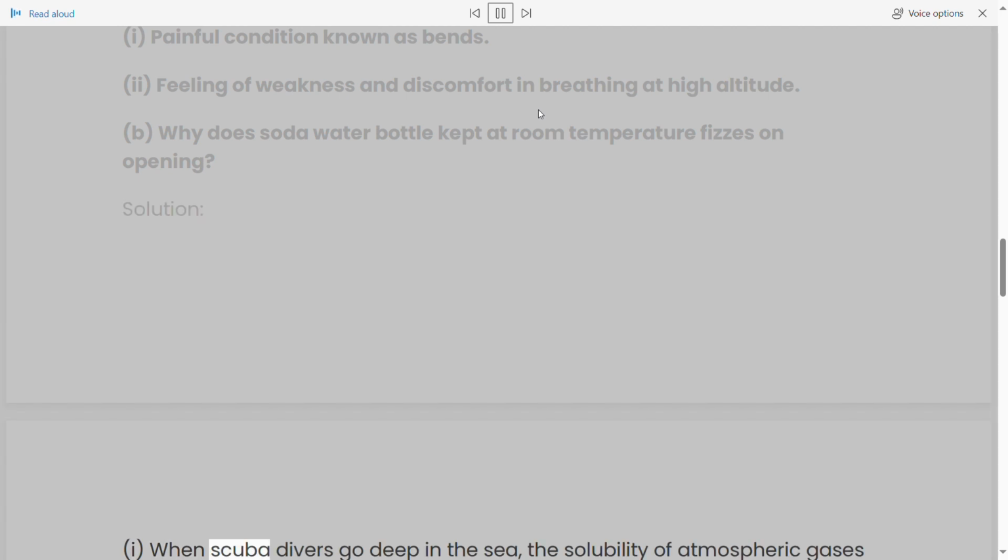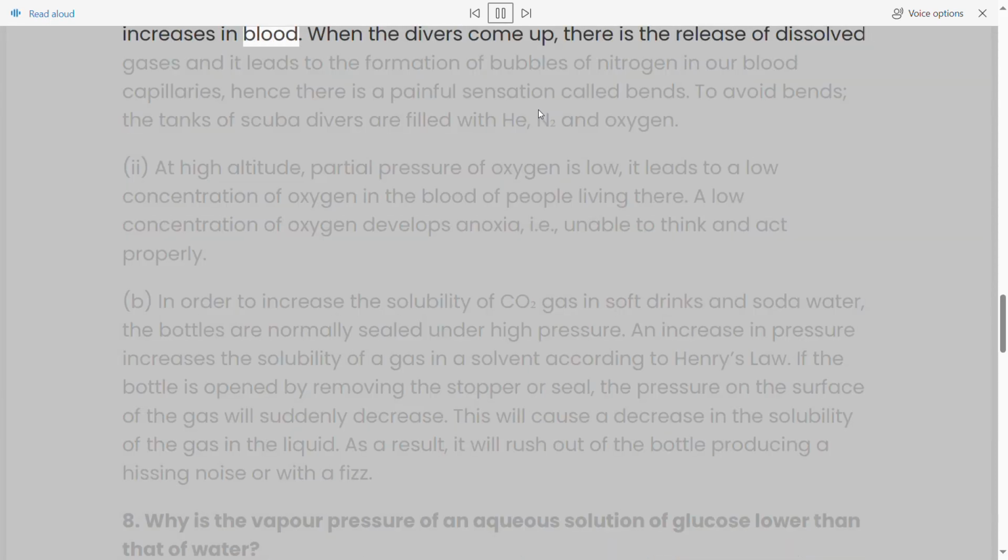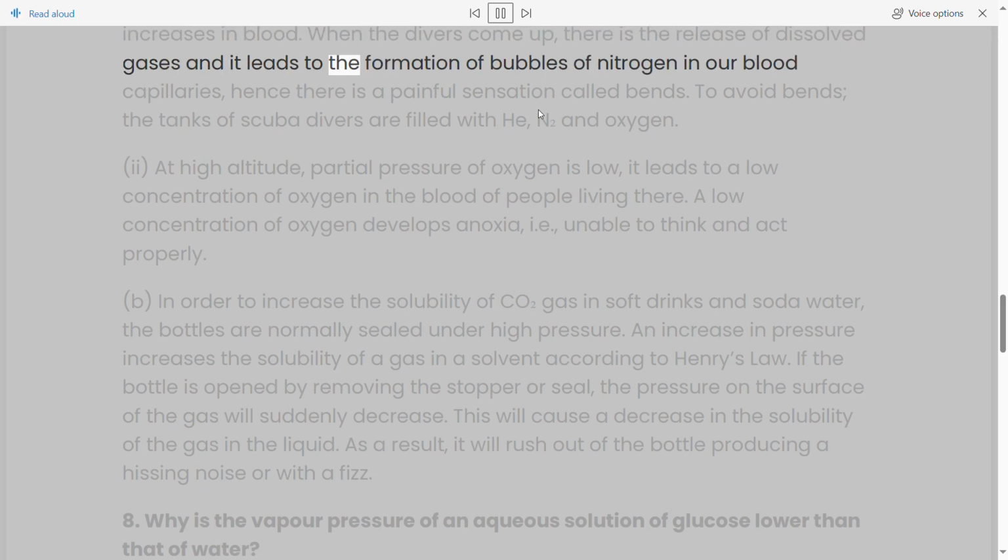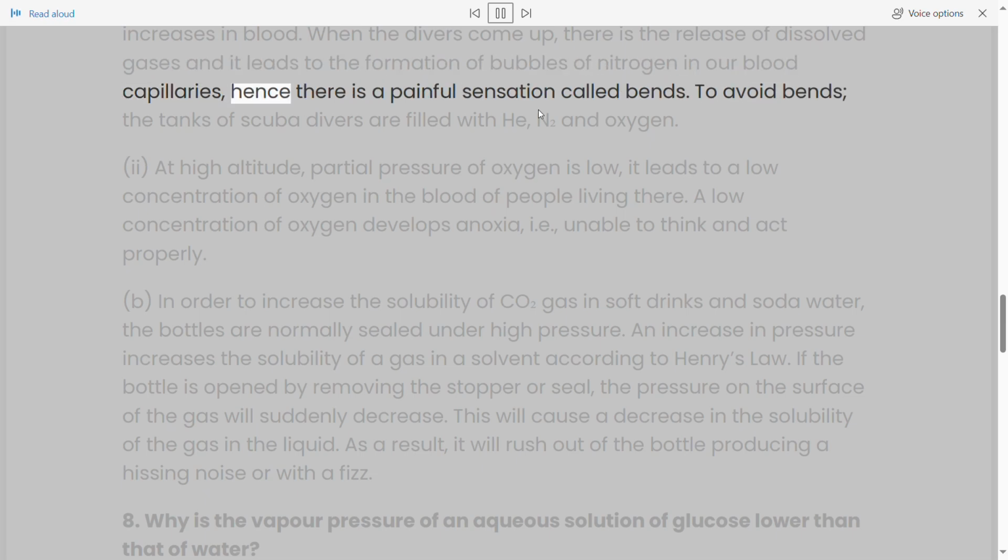1. When scuba divers go deep in the sea, the solubility of atmospheric gases increases in blood. When the divers come up, there is a release of dissolved gases and it leads to the formation of bubbles of nitrogen in our blood capillaries, hence there is a painful sensation called bends.